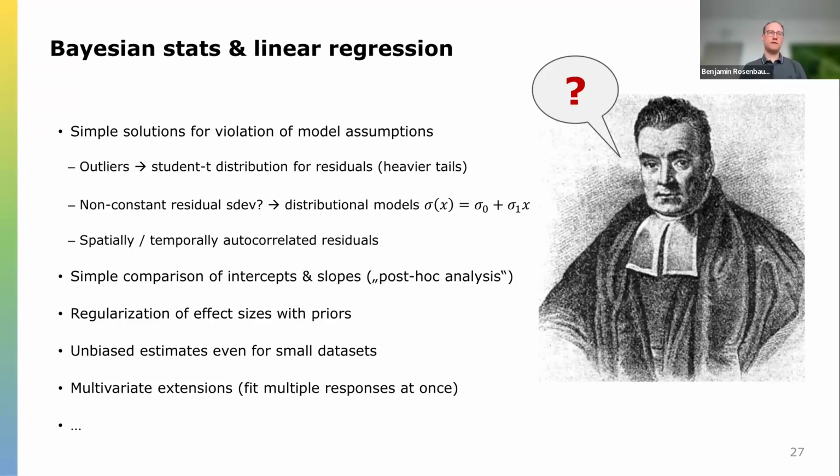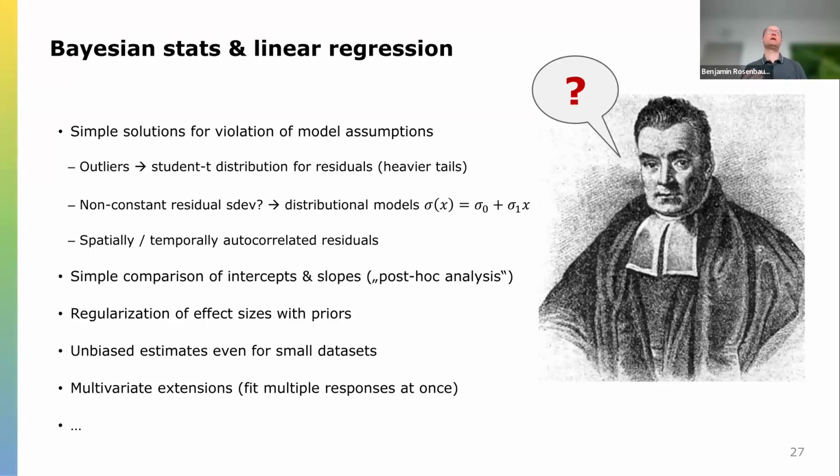Another extension, which also works in the BRMS package, is if you have more than one response variable and you want to fit them all in one data set. This is also pretty neat and works well in BRMS. Okay, these are just some specifications where I think Bayesian stats can be of advantage.